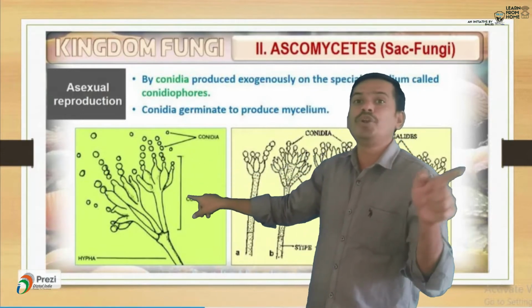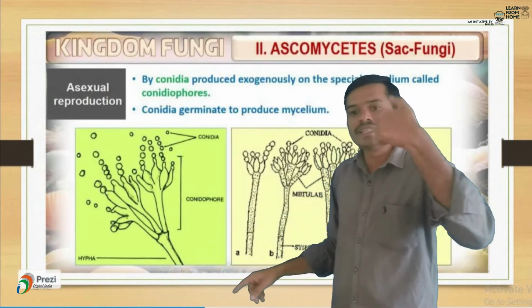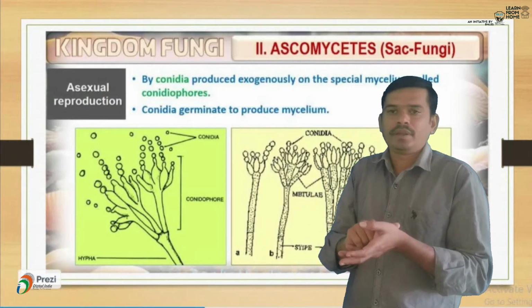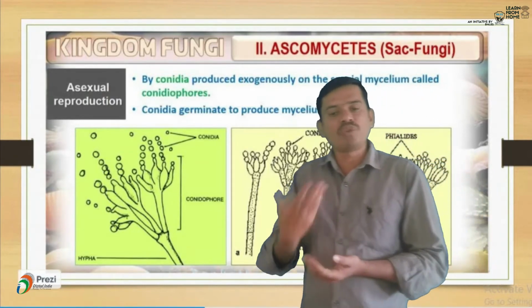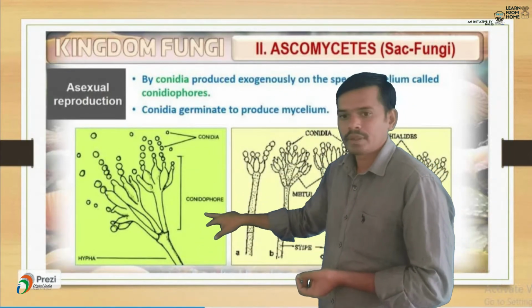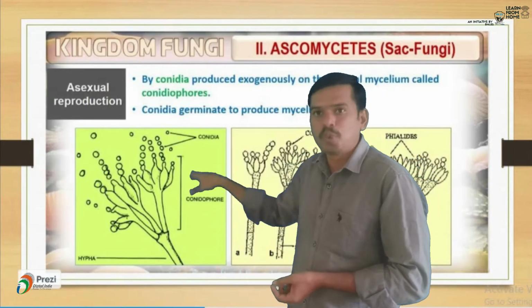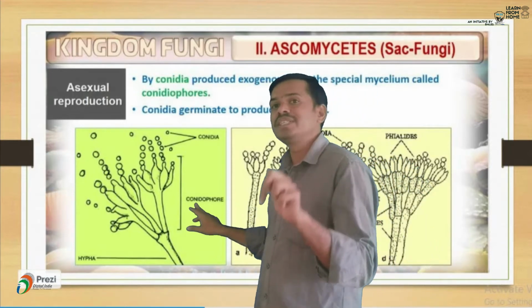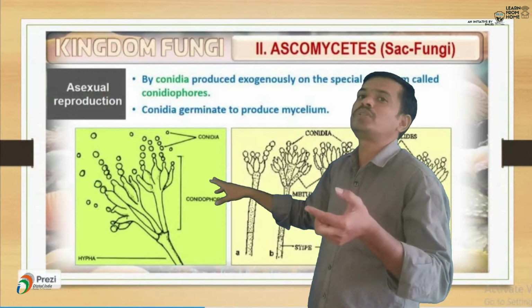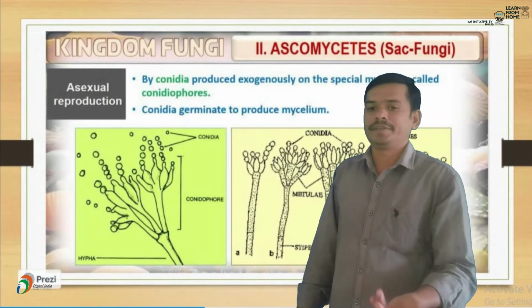Conidia are formed from conidiophores. Exogenously means outside, endogenously means inside. Conidiophores produce spores only exogenously, on the outer side.